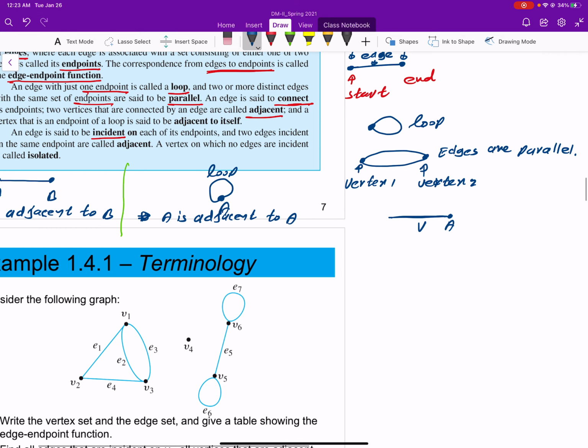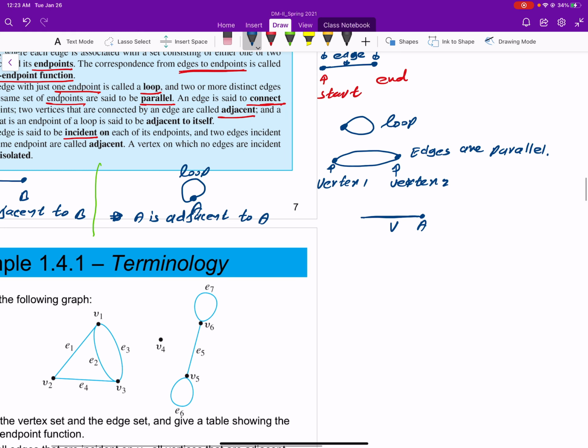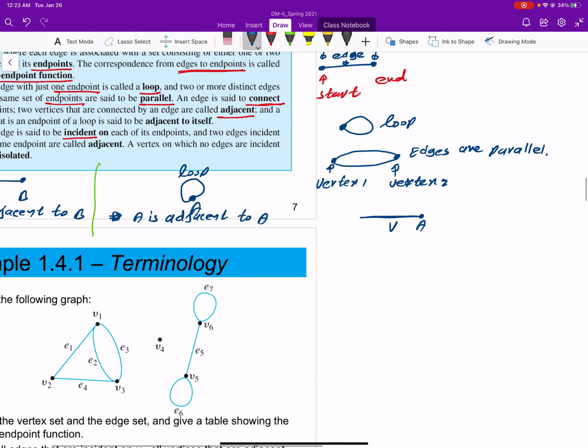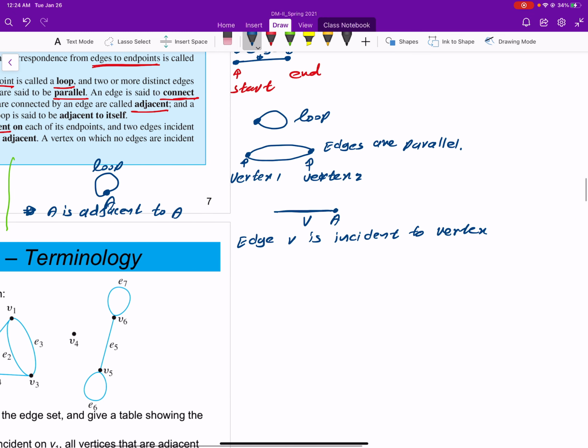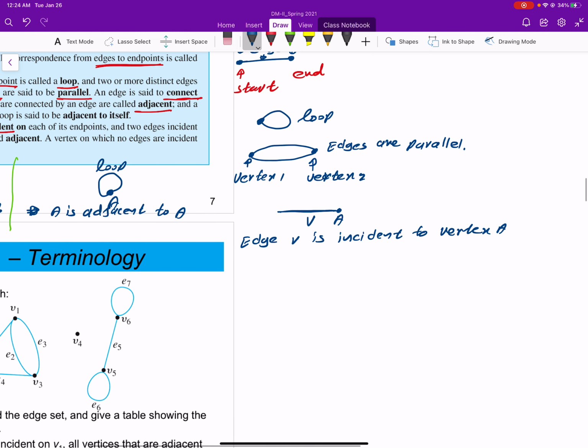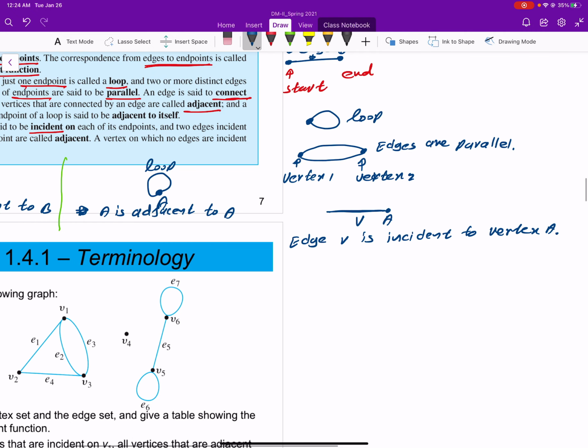You say edge V is incident to vertex A. All right, so all these are technical terms.